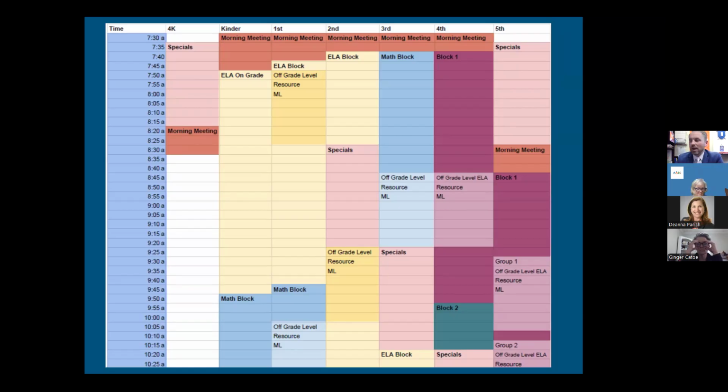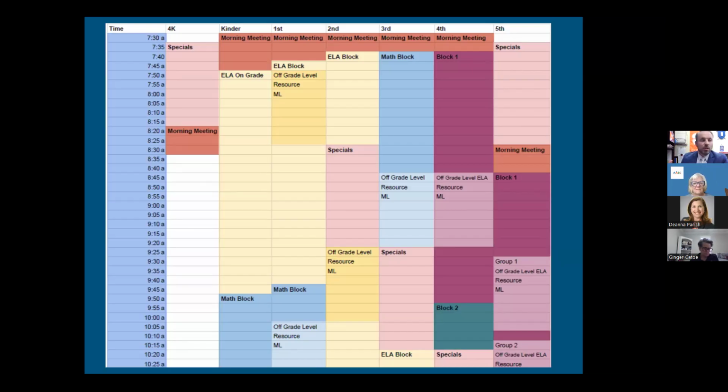But we were able to take what groups we had. We started with the special ed kids, and then we looked at the times, made sure our special ed teachers had planning time and their unencumbered time as well, and then marked out their schedule. So if you see those times that say off grade level time, that's when one of the resource groups would be.